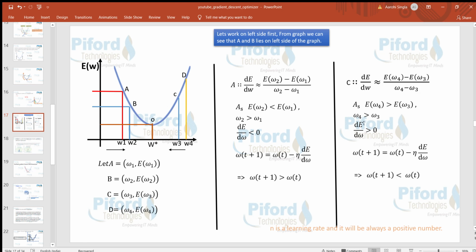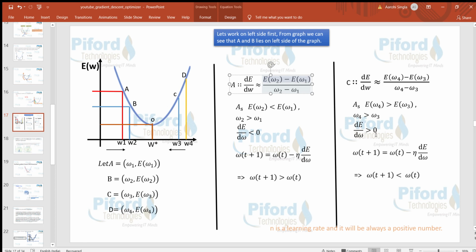So that means the derivative of error with respect to derivative of weight is greater than 0. See, over here the derivative is negative because the numerator is negative. We are getting a negative value from error of W2 minus error of W1, and below we are getting a positive value. But over here the numerator is positive and the denominator is also positive. That means the derivative of error by derivative of weight is greater than 0.